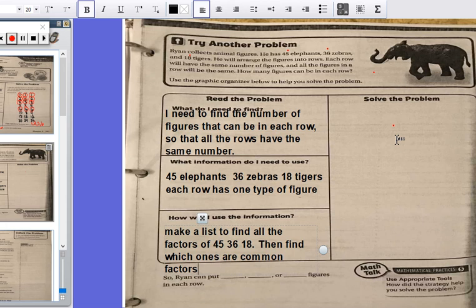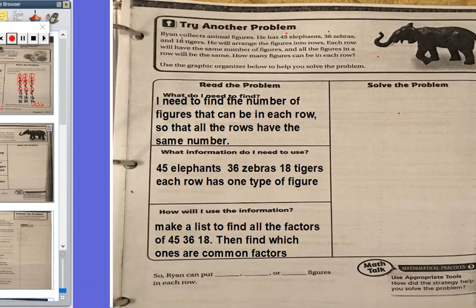Okay, so we're going to come over here and we're going to write the elephants, 45, and then 36 for the zebras, and then 18.